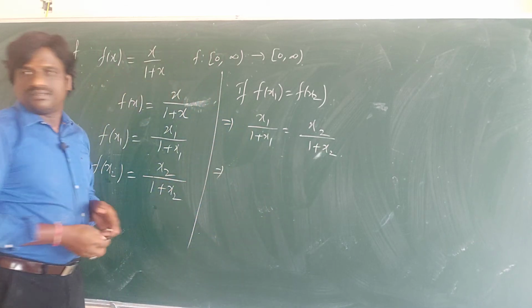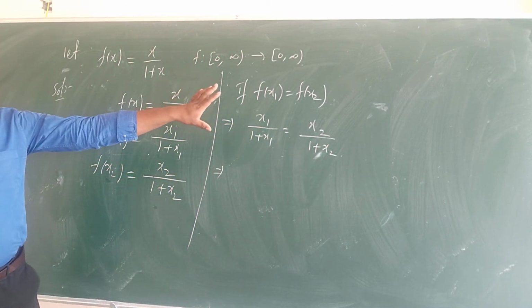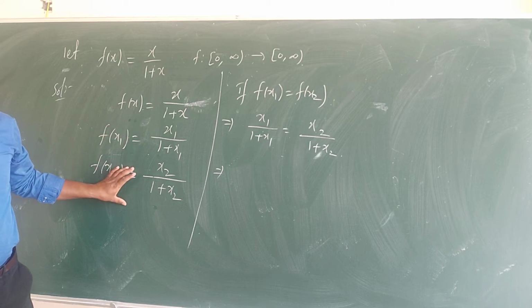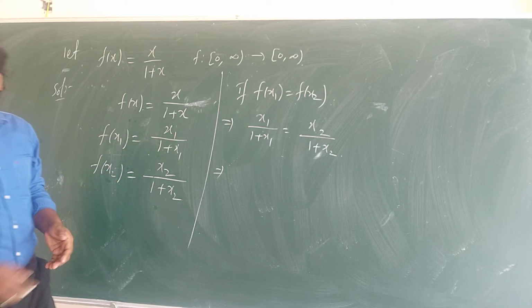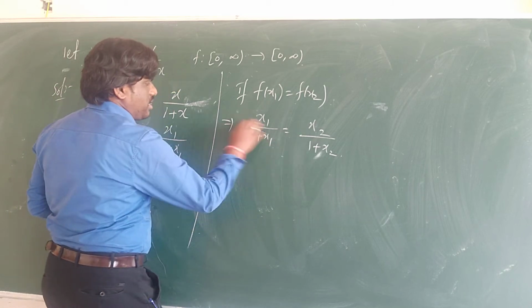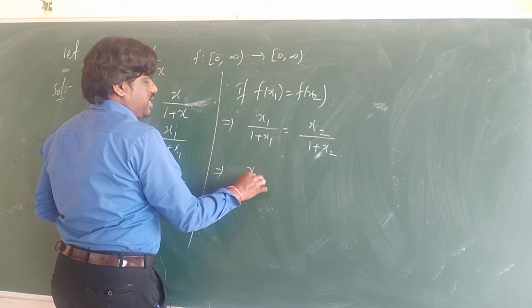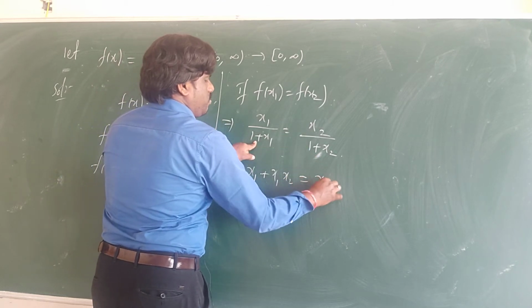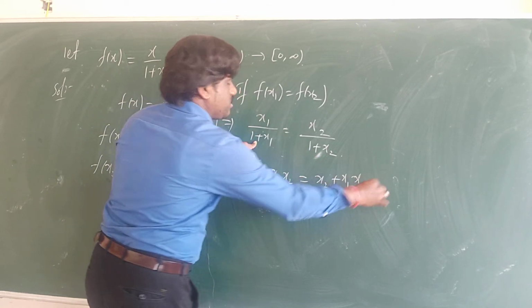See, f of x1 is equal to f of x2, so we substitute. After cross multiplication, I get x1 plus x1 x2 is equal to x2 plus x1 x2.